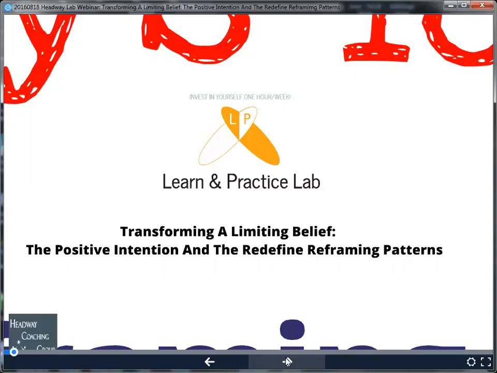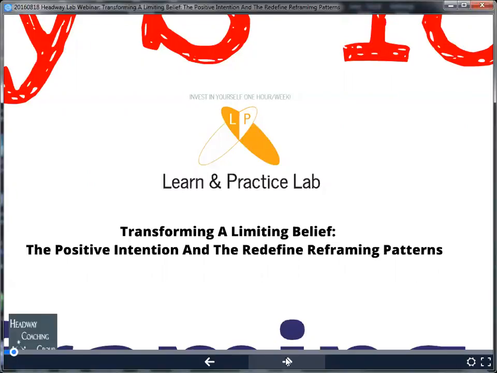That's a technique which we usually use in NLP in order to work with our client, changing and reframing his particular belief. Usually we choose a limiting belief, of course, and we use the 4-step chaining technique in order to shift the current limiting belief to a new empowering belief.